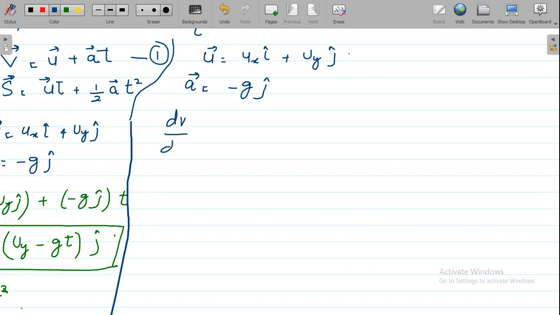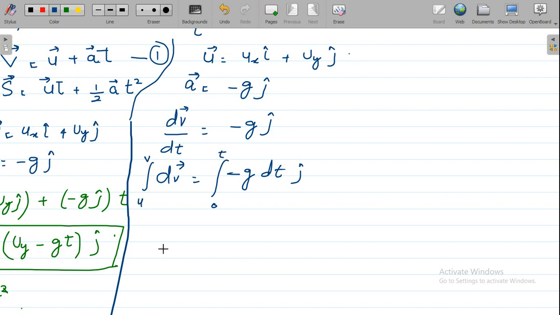So we can say acceleration is equal to dv by dt is equal to minus g j cap. So dv is equal to minus g dt j cap. So we can integrate this equation on both sides. At t equal to 0, initial velocity is u given, and at t equal to t, final velocity v, which we have to calculate.